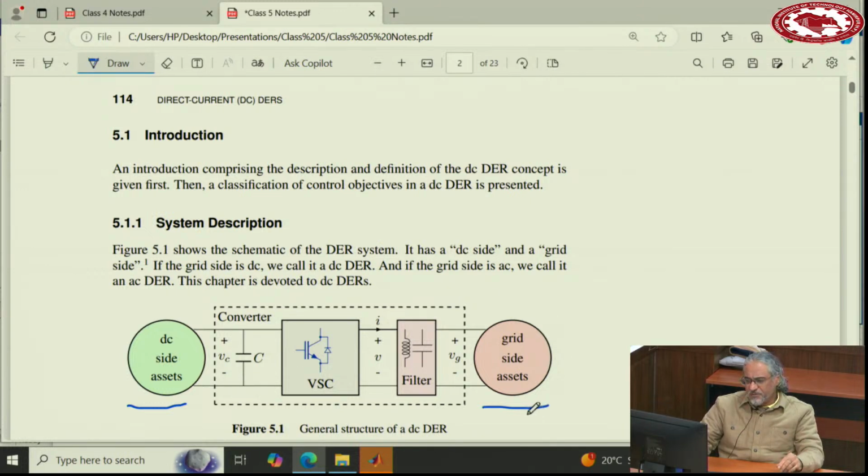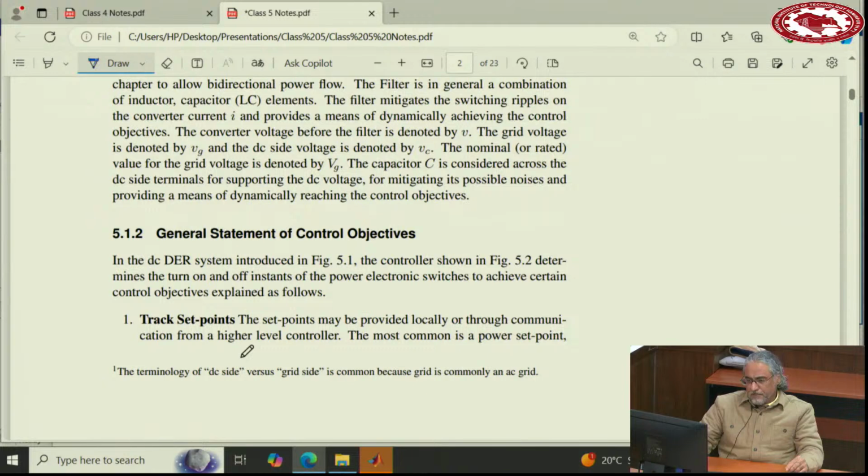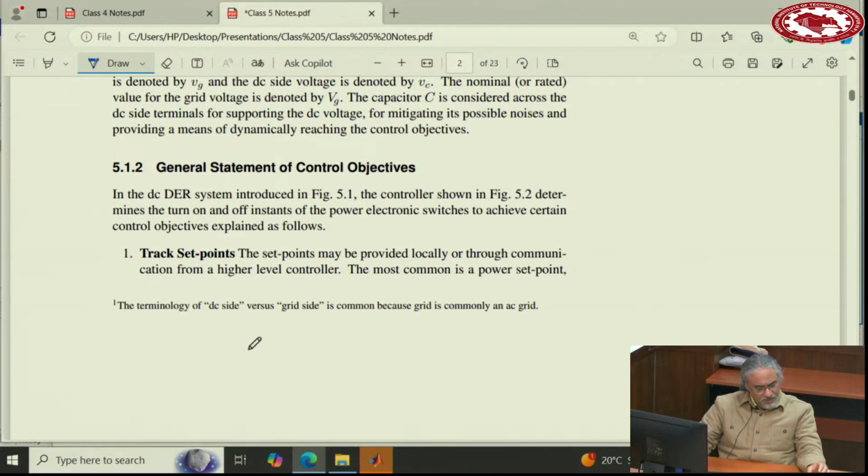If this is the grid and this is a PV source, and you want your PV to support the grid, that is called grid support. Normally it's grid support, but it could be the other way around, where you want to provide support to this voltage. As we go on, depending on the problems we have, we will specify what we mean by support.